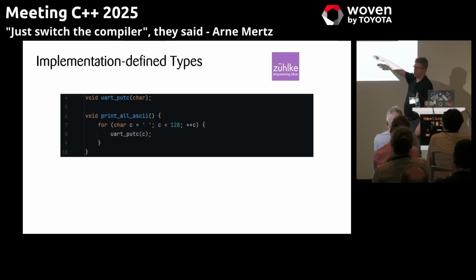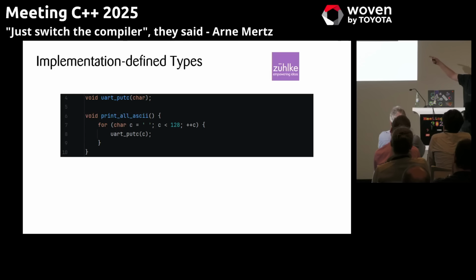So just skip the first 31 or so that are unprintable and then just print the printables. Well, there's a bug in there because 127 is not a printable one, but that's a different story. Just put this character out. Works flawlessly on ARM. You boot your machine, you get all these characters, and you say, okay, it's working.